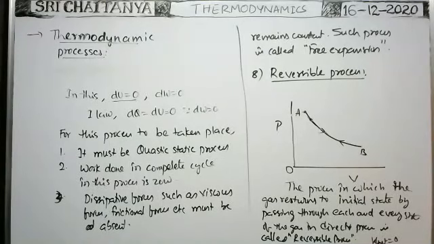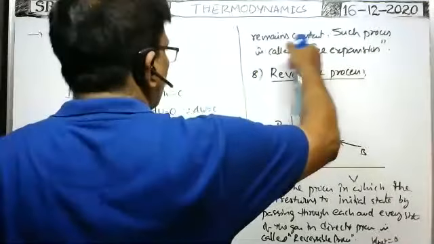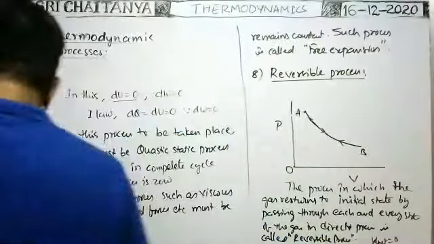For example, slow compression and slow expansion of an ideal gas at constant temperature, and extension and compression of an elastic spring. So for this process to take place, what are the examples?